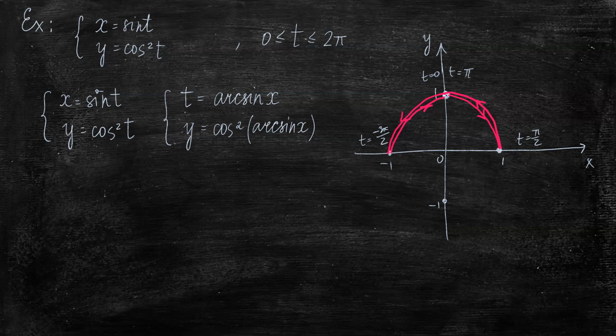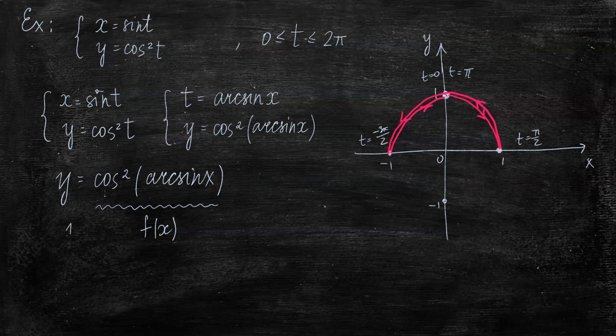And now once you isolate t symbolically, what you can do is replace t in the second equation with the expression that you obtained in the first equation for t. And what have we achieved by doing this? We actually ended up with an expression for y in terms of x. So this can be thought of now as a function of x.